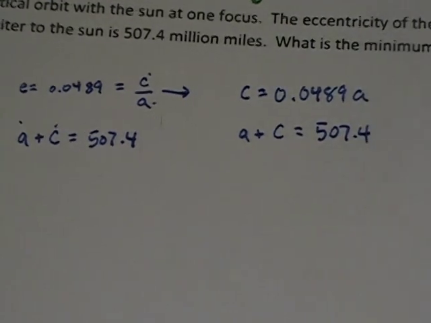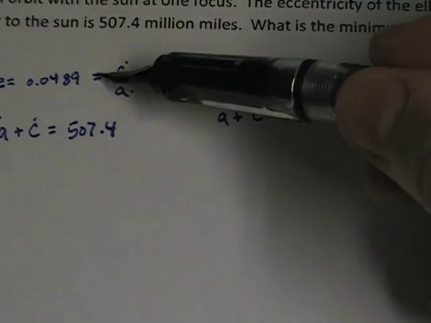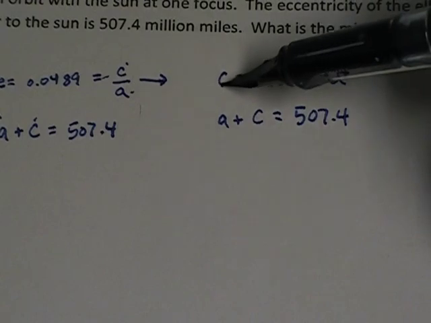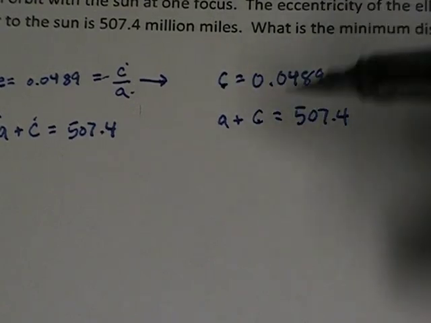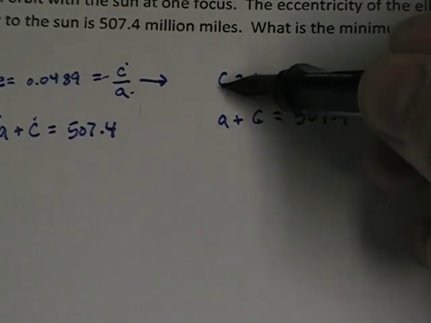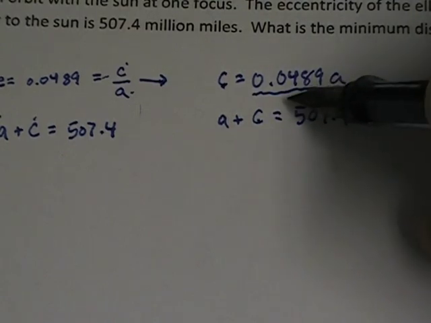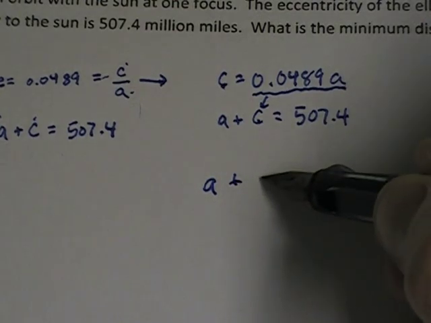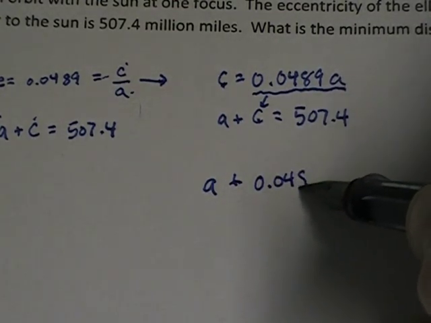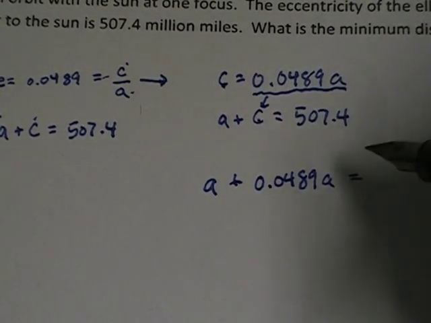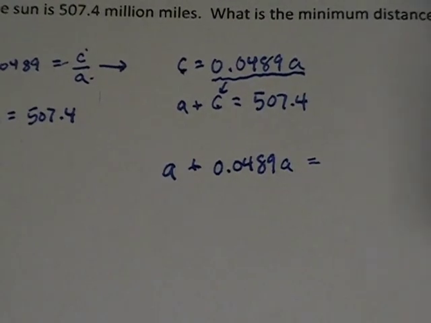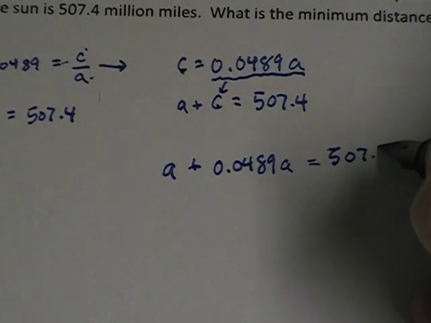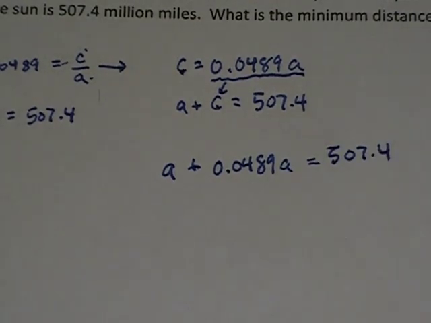So I've got these two equations now, where I just rearranged one to get this, and I'm going to substitute this in here. So everywhere I have C, I'm going to put that. So I get A plus 0.0489A equals 507.4. You see what I'm doing? Substitution. Okay? Cool.